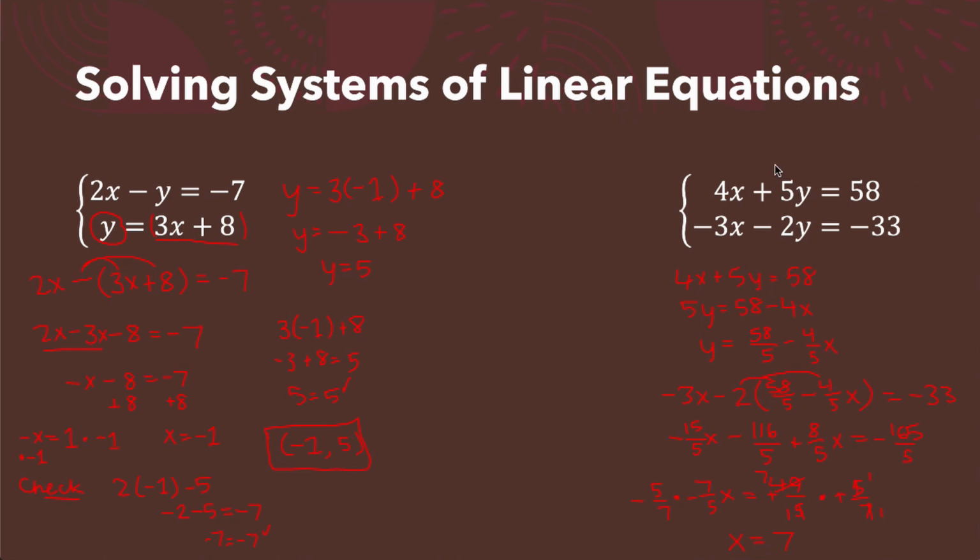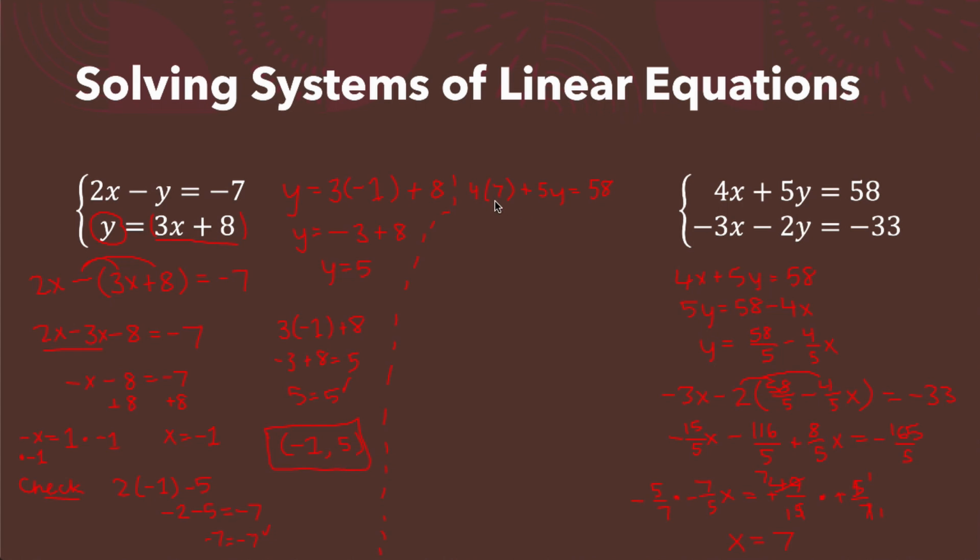So again, I'm going to choose this equation since it has no negatives. Four times 7 plus 5y is equal to 58.